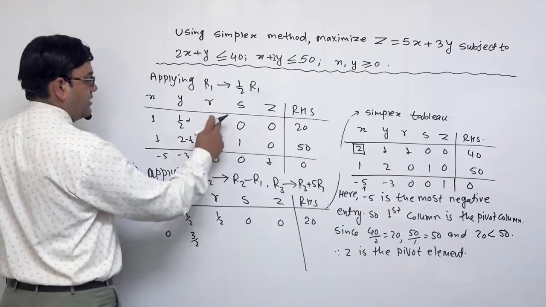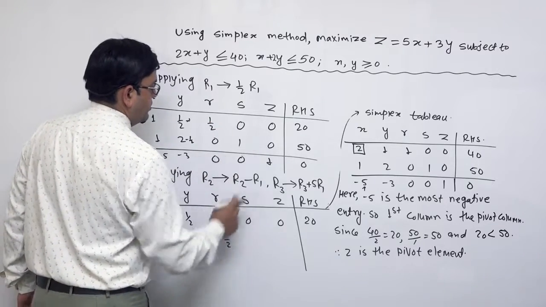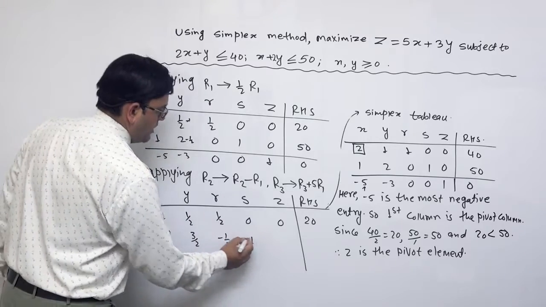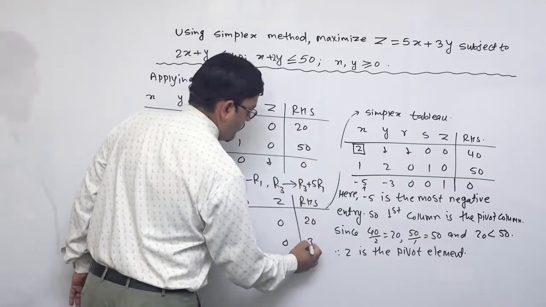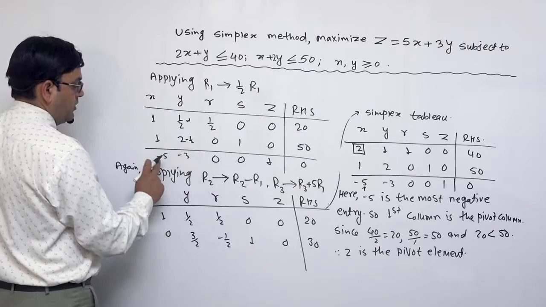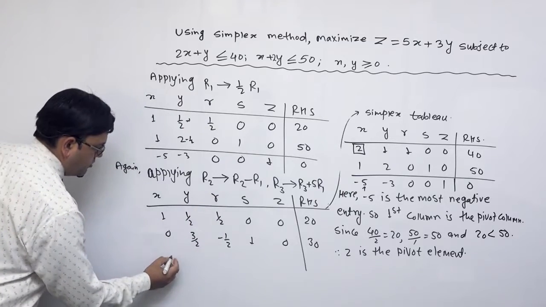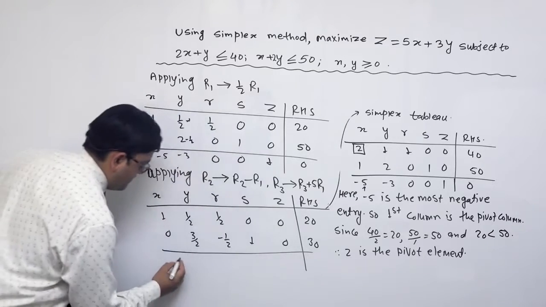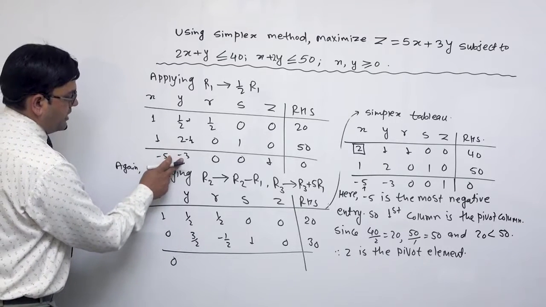Similarly this minus 1/2. Similarly this minus this, 1 minus 0 is 1 and then 0 minus 0 is 0, 50 minus 20 is 30. Similarly here minus 5 plus 5, here R3 changes into this is also 0, 0 and then here this one minus 3.